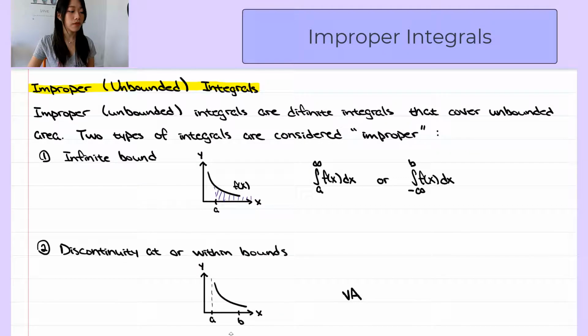In this example, the vertical asymptote is at x equals a, but I want to find the integral of f of x evaluated from a to b. That is, I want to find this area here. So again, the area is unbounded. So in this video, we are going to discuss how to evaluate integrals with unbounded area.